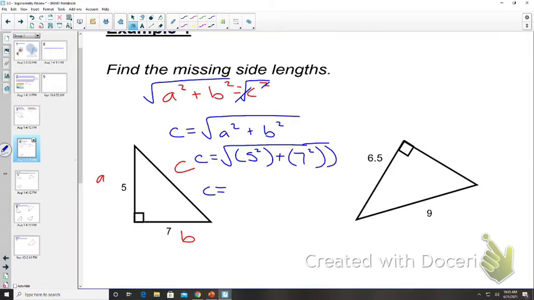It said error. So you probably were not careful with your brackets. I put the bracket just how I did it. Oh, did I have to put another one? Yeah. So when you press the square root button, it automatically goes up like this, right? So then you need to do 5 squared plus 7 squared.